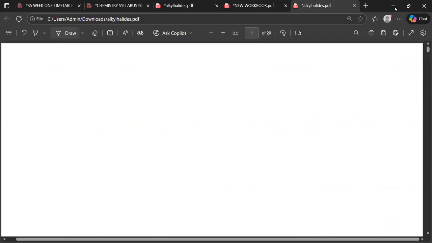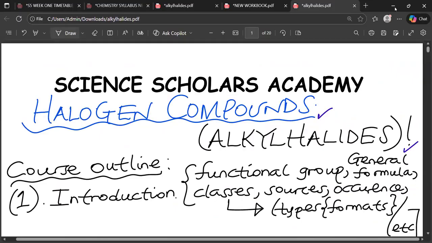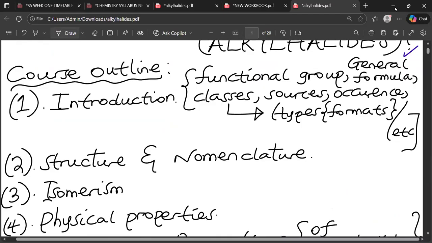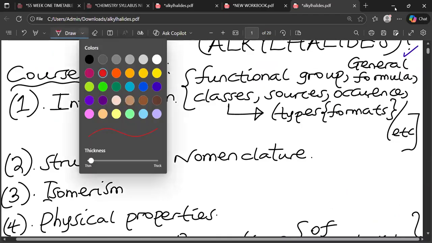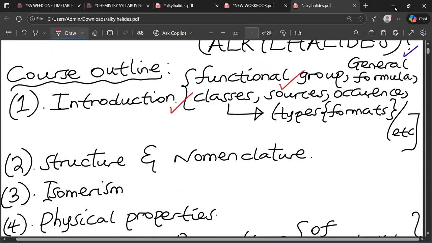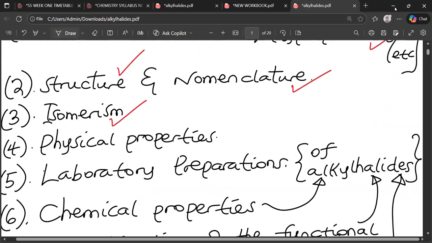Lastly, we always stick to our targets. Things concerning the introduction, we are done. Functional group covered: general formula, classes, sources, occurrence, and formats. All those things have been talked about. Structure, nomenclature, isomerism I've talked about.